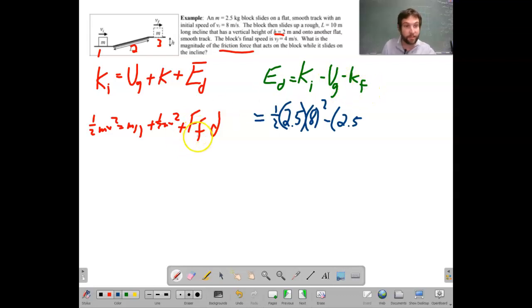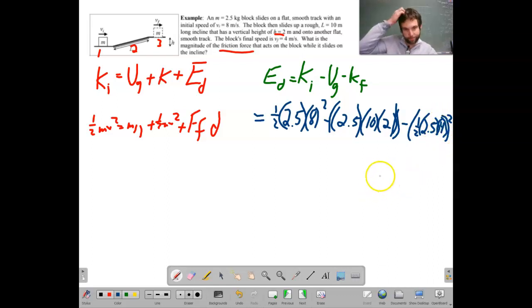Because frictional force doesn't have mass in it, so I can't just cancel out mass. mg, let's go ahead and use 10, and then my height, 2, minus, just bracket that all up, keep it all nice together, 1/2 of 2.5, times my final velocity, which is 4 squared. Right? Give me a second, let me plug this in the calculator.